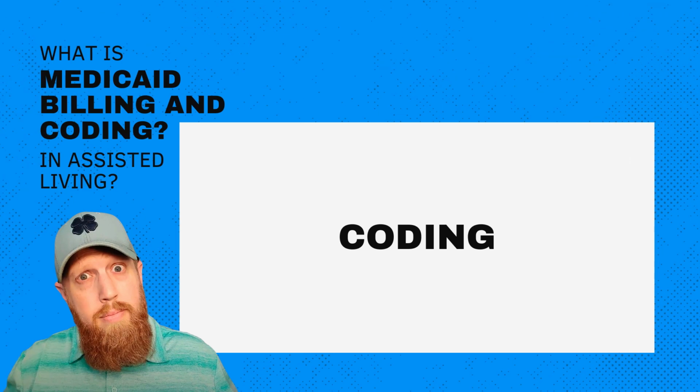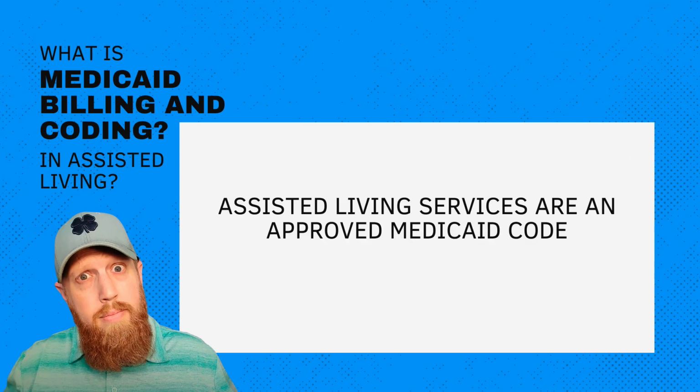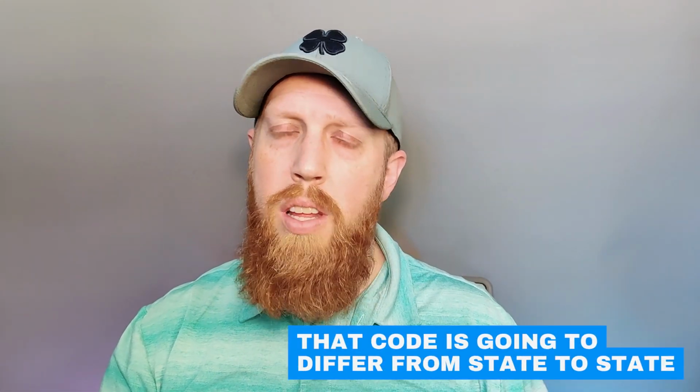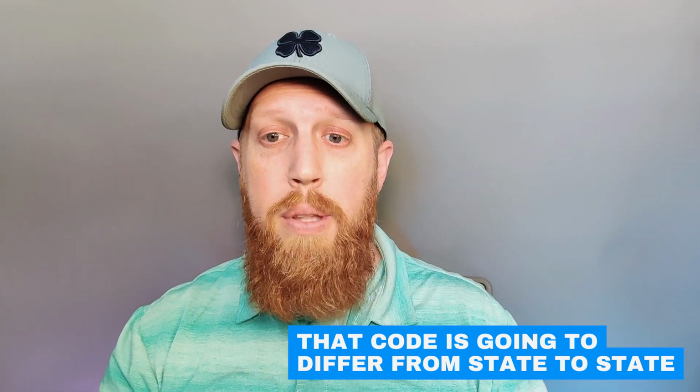So we're going to start off with talking about coding. First off, what you need to understand about coding is there's an approved Medicaid assisted living code. At its core, there's just one code for Medicaid that you need to be aware of. It is kind of all-inclusive for the services that you provide as an assisted living provider. That code is going to differ from state to state, and the state is going to tell you what the reimbursement rate is for that code as well.